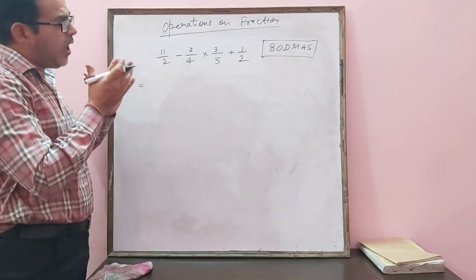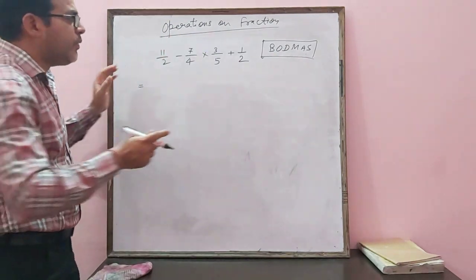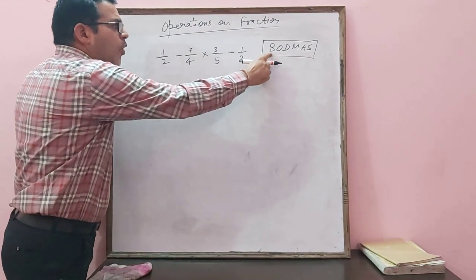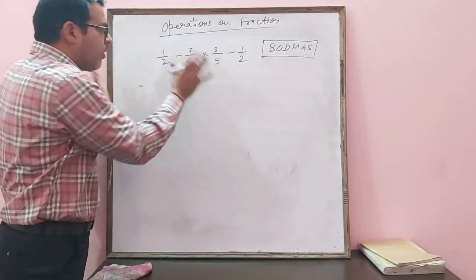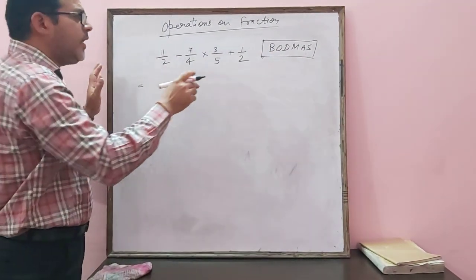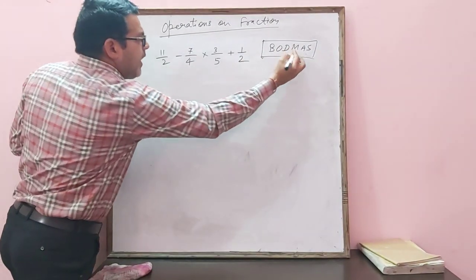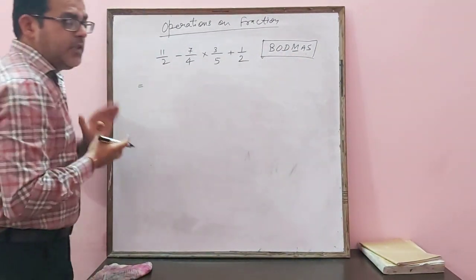It means you have to perform operations in this order only. First you go for bracket. Bracket is not here, so we can leave it. Then of is also not here, we can leave it. Then division is also not here. It means first we can do multiplication.